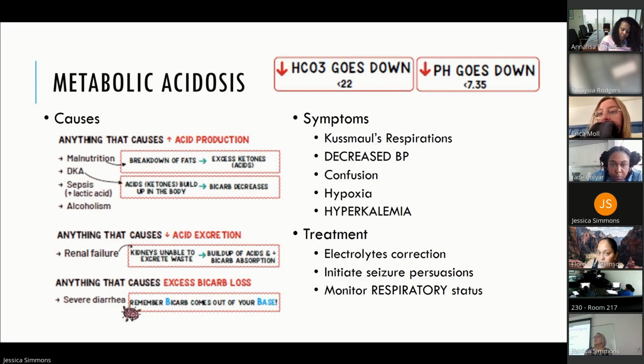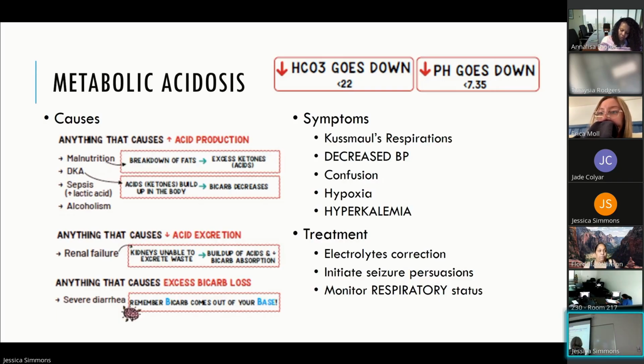And then anything that causes decreased acid excretion. I'm sorry, I thought it was saying it the other way around, and I'm like, that's not right. So decreased acid excretion. So your kidneys are holding on to too much because you're in renal failure, because you have an AKI, because you have CKD, right? So the kidneys are unable to excrete that waste that's building up.